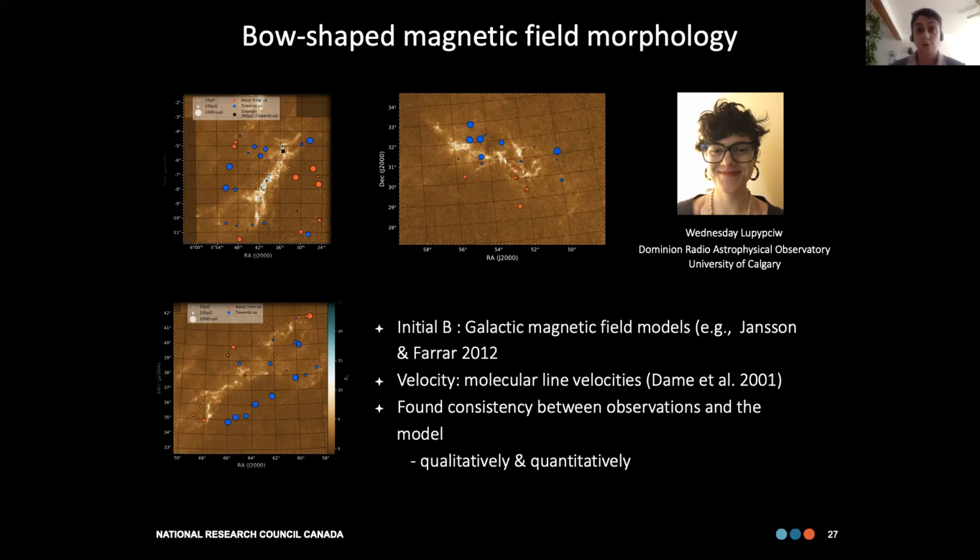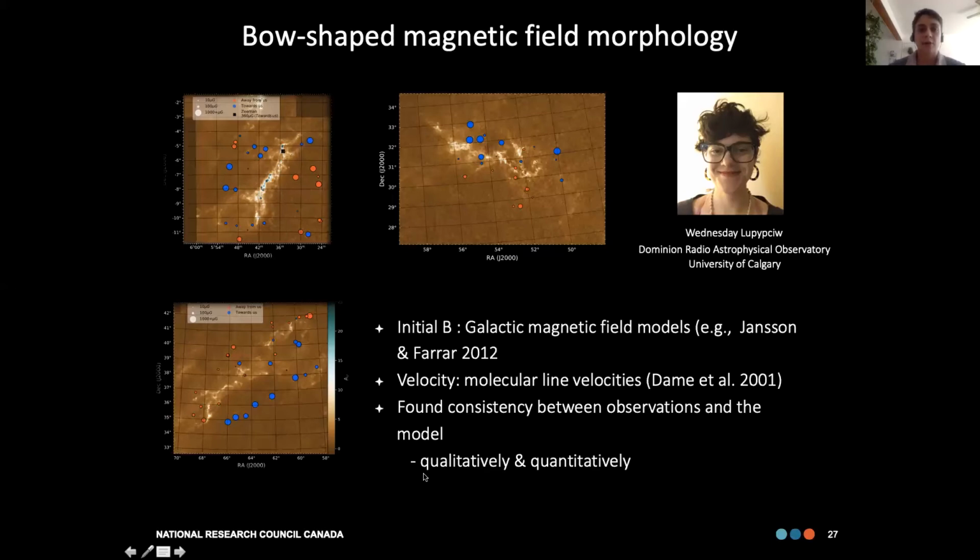And so far, we've found consistency between all these clouds. What we predict from the initial galactic magnetic field and the velocity of the cloud matches the orientation of the reversal that we observed.